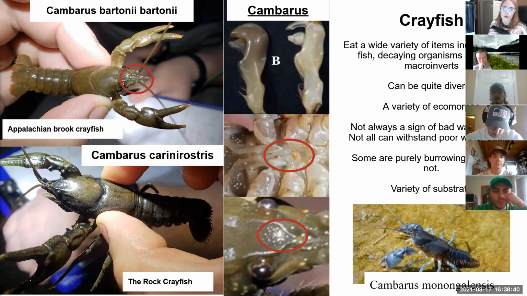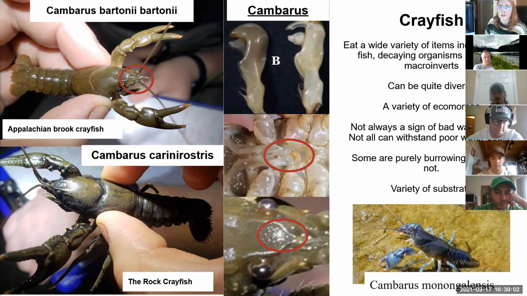Cambarus is one. When I am collecting crayfish, these are actually some of my pictures, so these are the things that I look for. Cambarus will have this smooth rostrum. The rostrum is that nose there, and it goes like the tip of a leaf. When I show you the next one, you'll see what I mean.